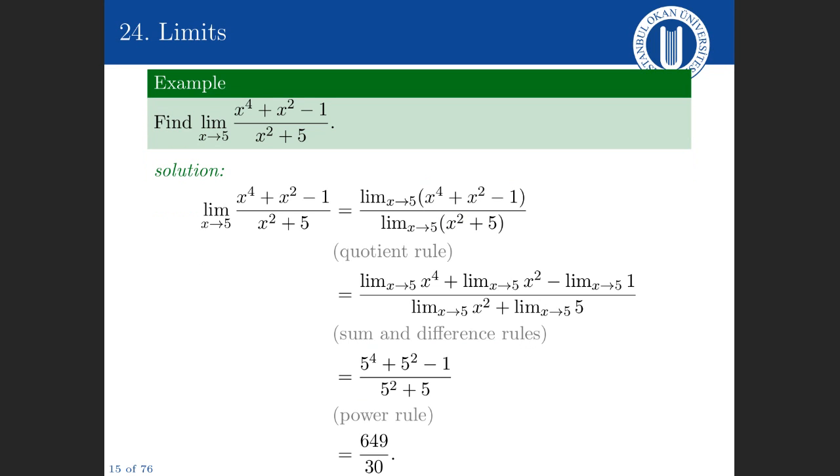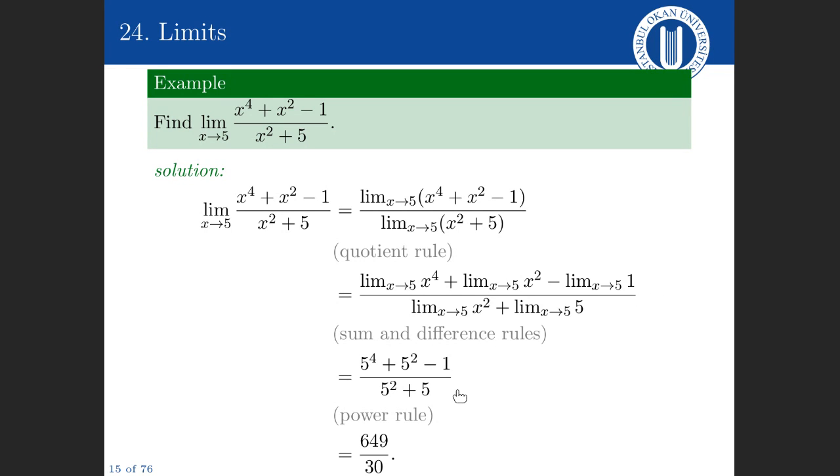Find the limit as x tends to 5 of x to the power 4 plus x squared minus 1 divided by x squared plus 5. Here we have a function divided by a function, so we start by using the quotient rule. We start by writing this as the limit of x to the power 4 plus x squared minus 1 divided by the limit of x squared plus 5. Then we can use the sum and difference rule to break this up into easier limits.